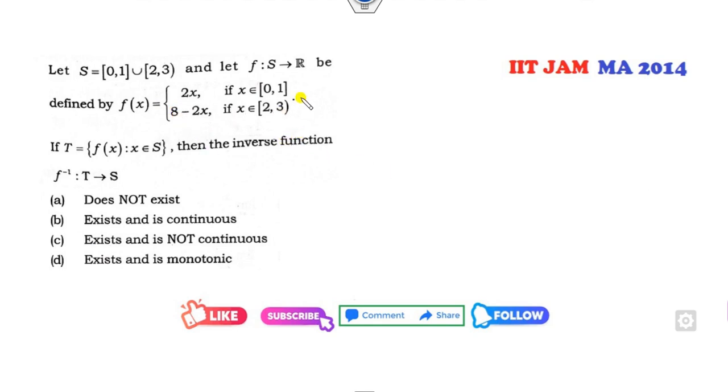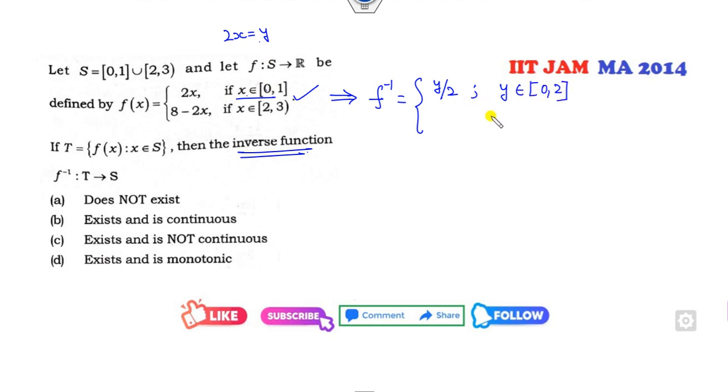Okay, f is given to be here, then the inverse function. Firstly you can find the inverse function. How can you find that? I can simply take 2x as y, so x will be y over 2. So what is the domain? When x is 0 to 1, y belongs to 0 to 2. Fine.